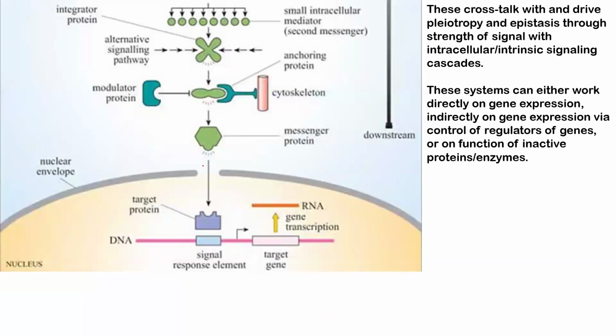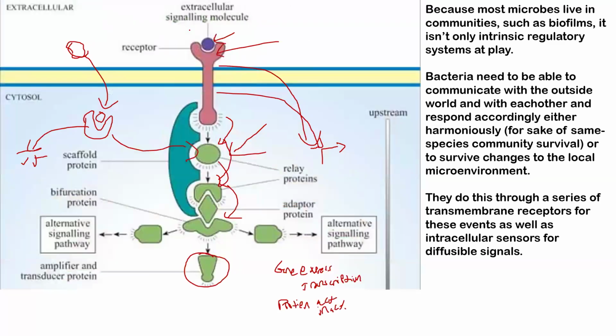What this results in is either you get relays from one system that activate a multitude of other systems, or can just relay information to regulate expression or function in a singular system.